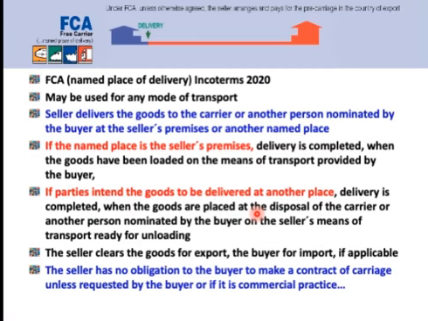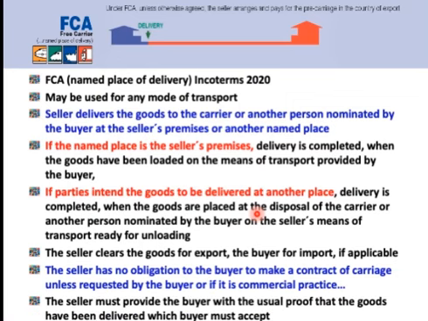So the buyer will make the contract of carriage, the main carriage, I mean. The seller must provide the buyer with the usual proof that the goods have been delivered, which the buyer must accept. Okay.